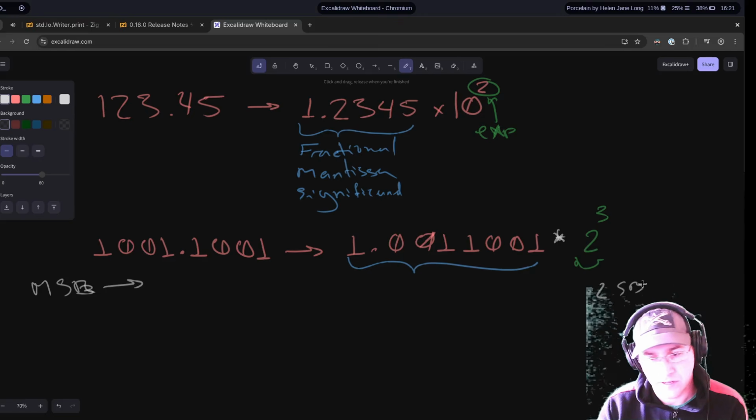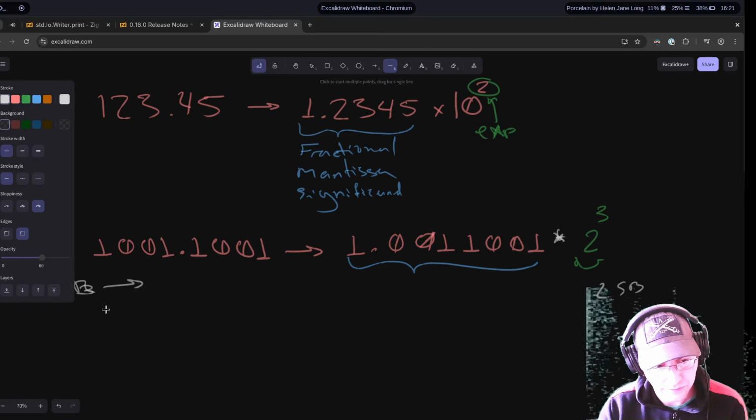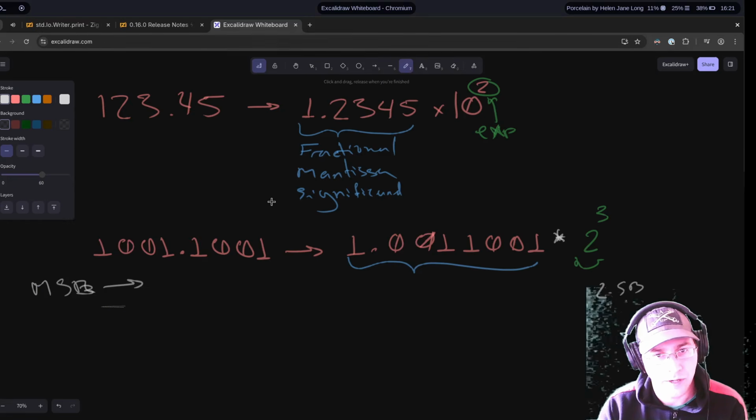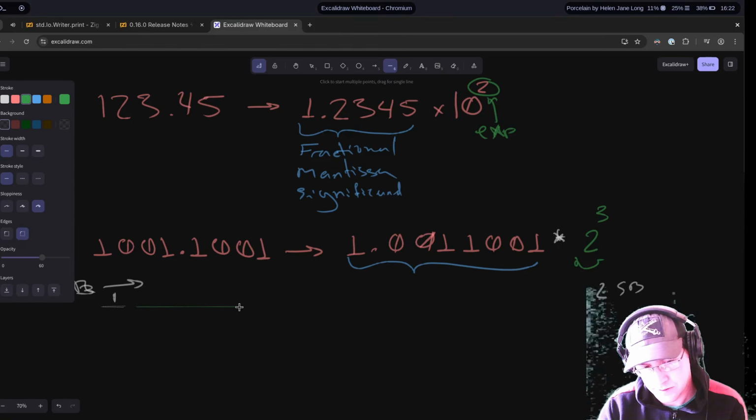So from most significant bit to least significant bit, we start out with first 1 bit. That 1 bit represents the sign. So we'll write, we have 1 bit there. Then we have 8 bits right here.